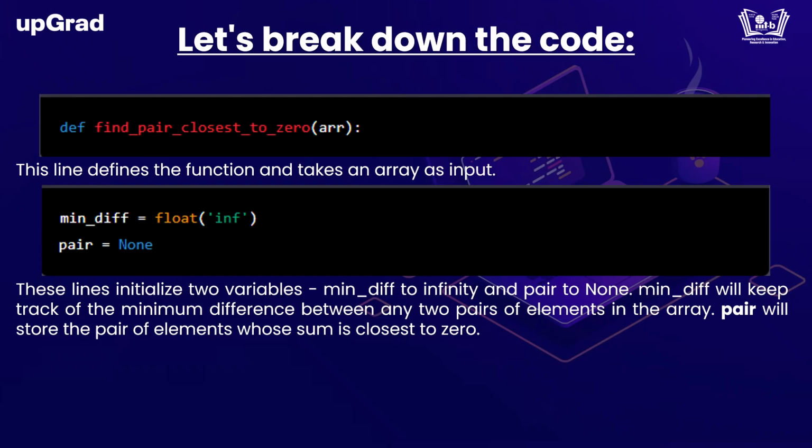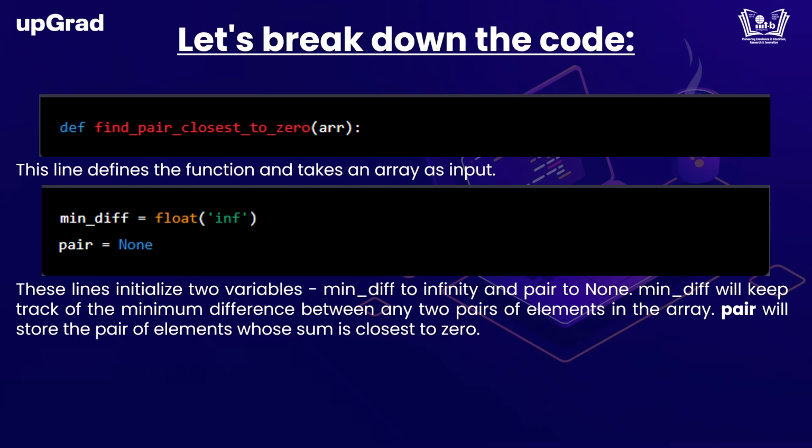Let's break down the code. The first line defines the function, which takes an array as input. The next two lines initialize two variables: min difference to infinity and pair to None.